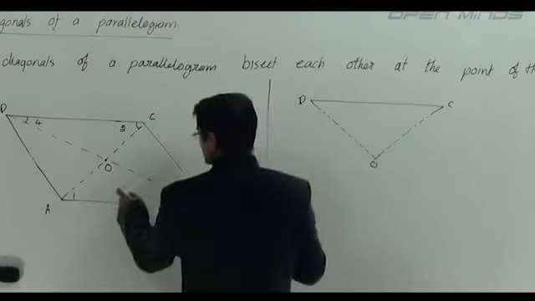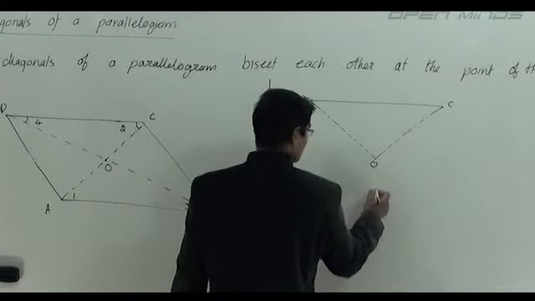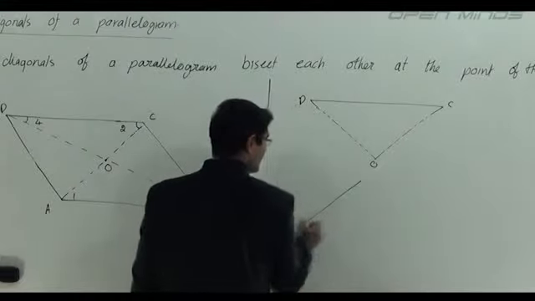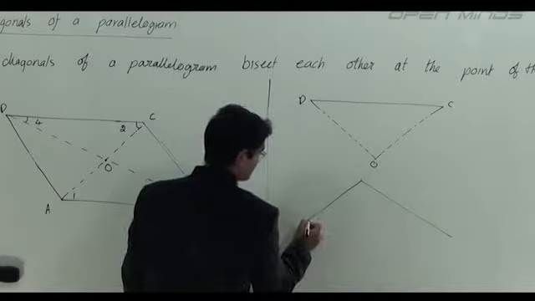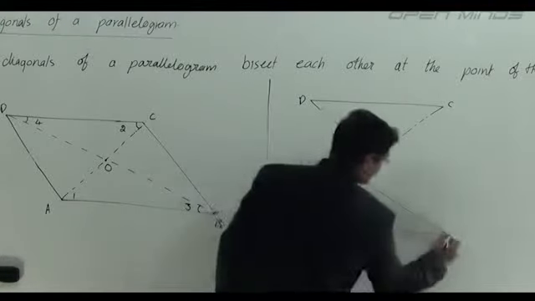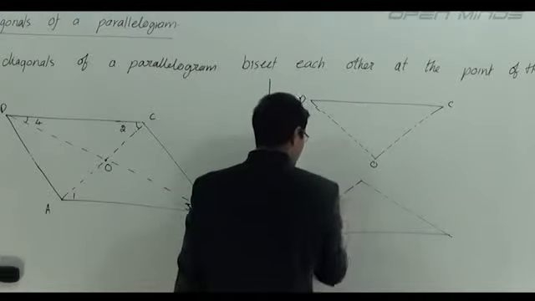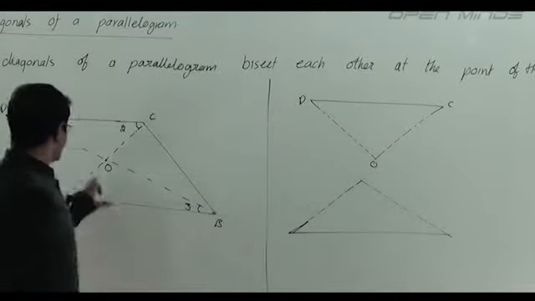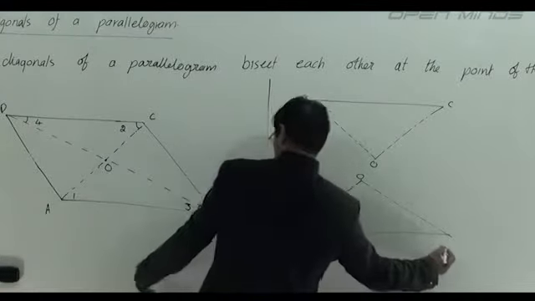So the other triangle I'm looking for is AOB, which would be like that, and exactly like this. And this is part of the diagonal, so I'll make it a dotted line. Very simple. So that is the triangle O, A, and B here.